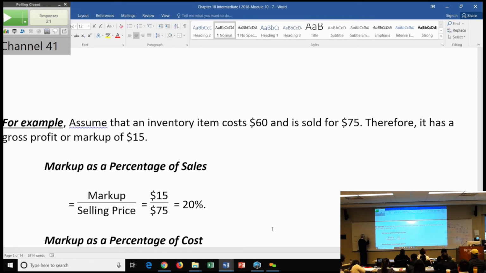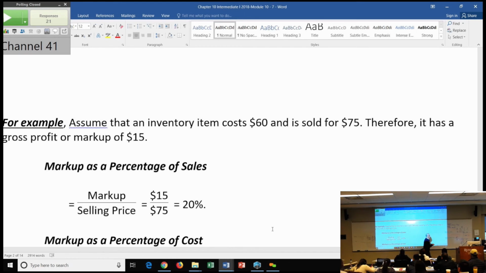So you have sales, you got cost of goods sold, and you got gross profit. Now, the gross profit as a percentage of sales is going to be 20%. And the cost percentage is going to be 80. That's your profit margin, your gross profit margin.